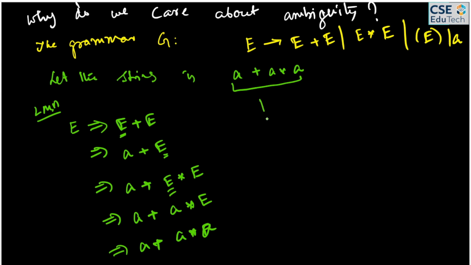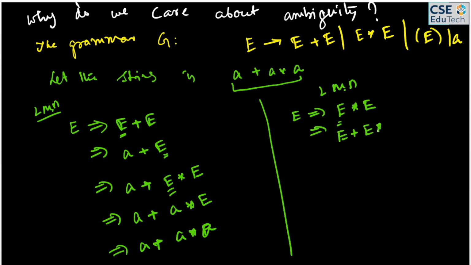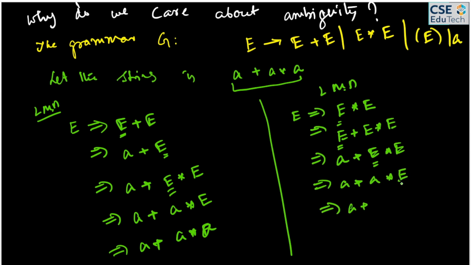Now the second leftmost derivation will start from E to E multiplication E. Now we'll replace the leftmost variable. So this can be replaced by E plus E, multiplication E. Now this variable will be replaced, so it will be A plus E into E. Then this variable will be replaced by A, and now this variable E will be replaced.